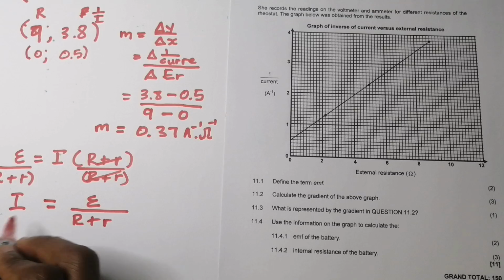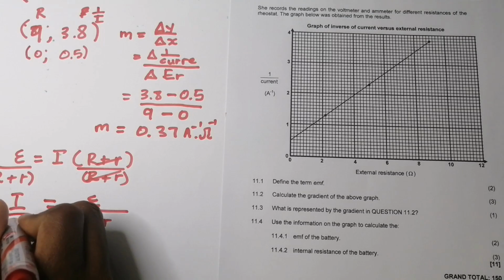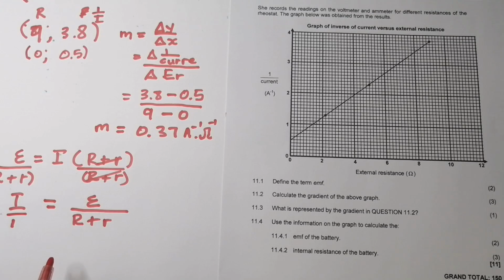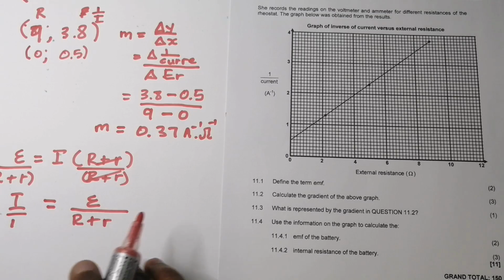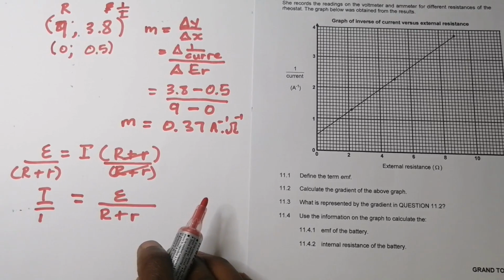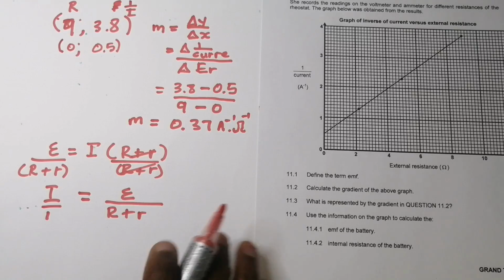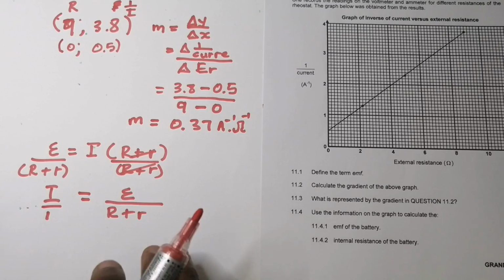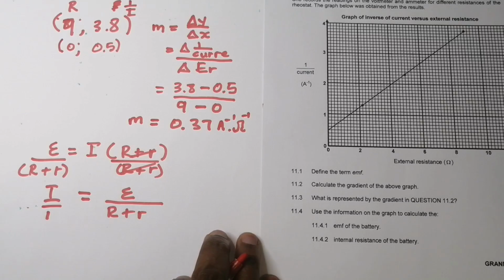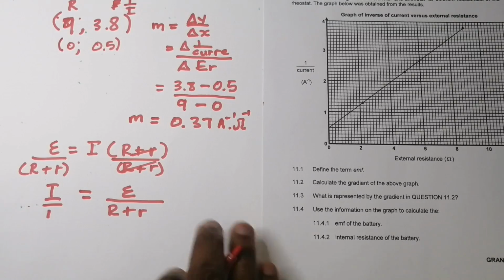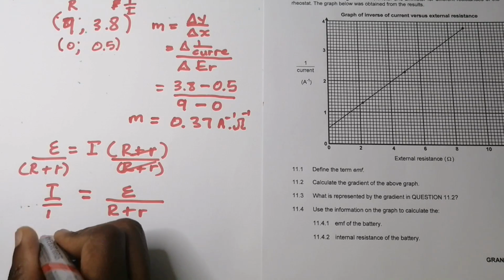Now, I want you to please note. So remember, if I were to write that down mathematically, this is the same as saying I over 1, okay? So how can I actually make this in such a way that it will become the inverse of current? So all I'll simply do, ladies and gents, is that I will just invert that, okay?